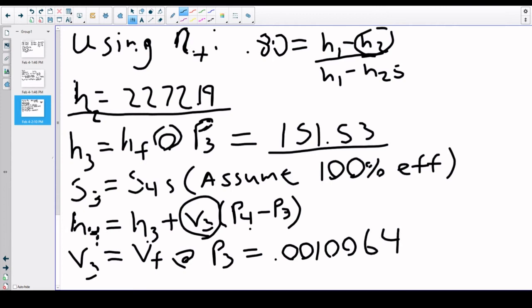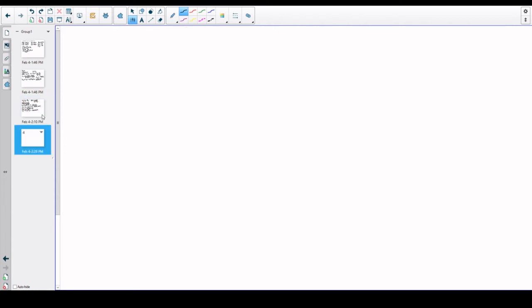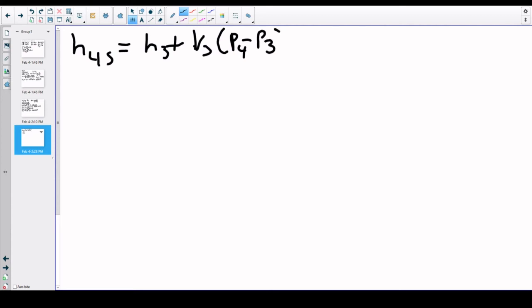Just make sure you don't fall for the fact that every value in the VF column is multiplied by 10 to the third. So make sure you get the real one, which is the table value times 10 to the negative third. I just add 2 zeros in front, just makes it easy. And now we solve for H4S, which is the equation we had earlier.